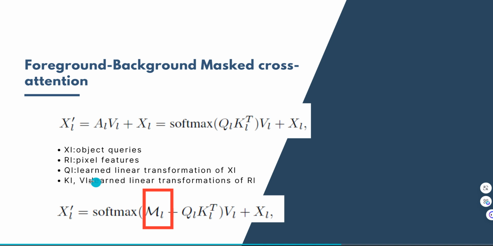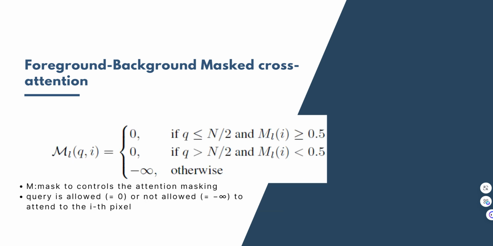QL is the learned linear transformation of the object queries, and KL and VL are the learned linear transformations of RL, and these two parameters are stored in the pixel memory. The author, based on the standard cross attention formula, added the mask system to classify foreground or background.